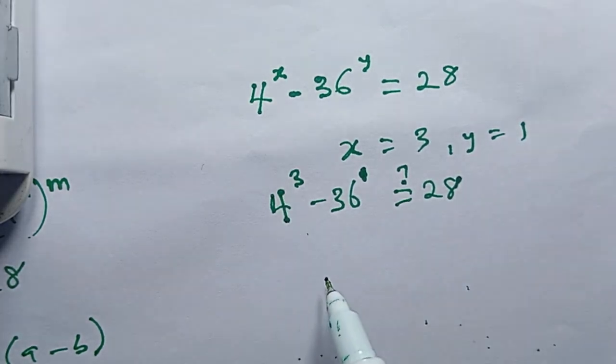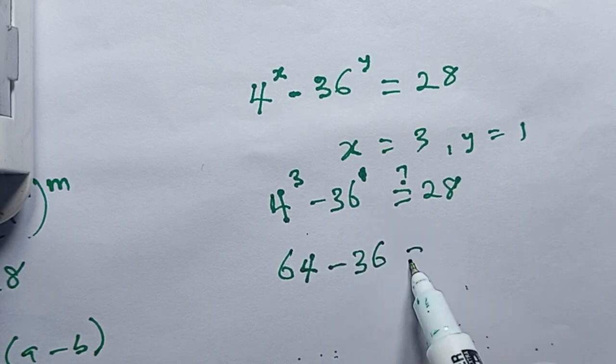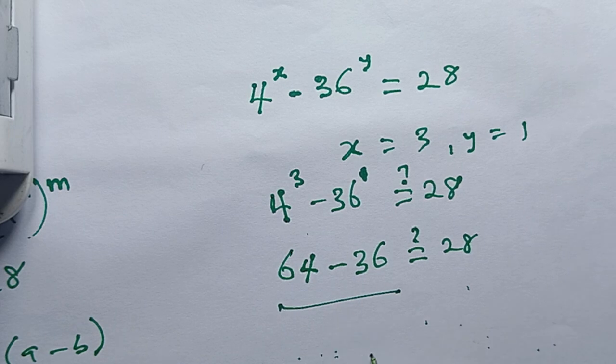Okay, so 4 power 3 will be the same as 64. Okay, minus 36, will this be equal to 28? And of course when you do this subtraction, this is basically equal to 28, and it is still the same. So that is how you solve problems like this.